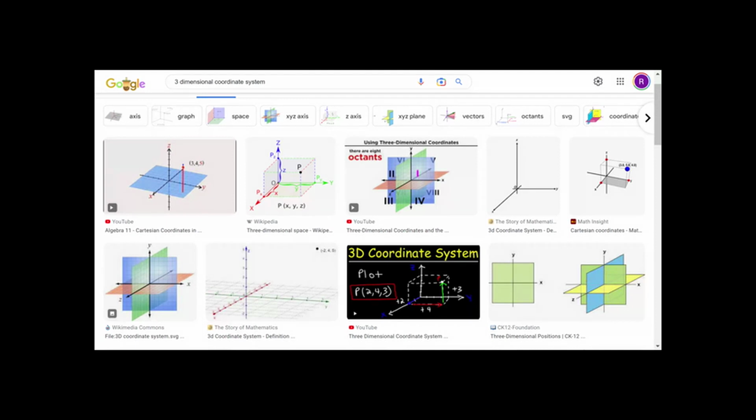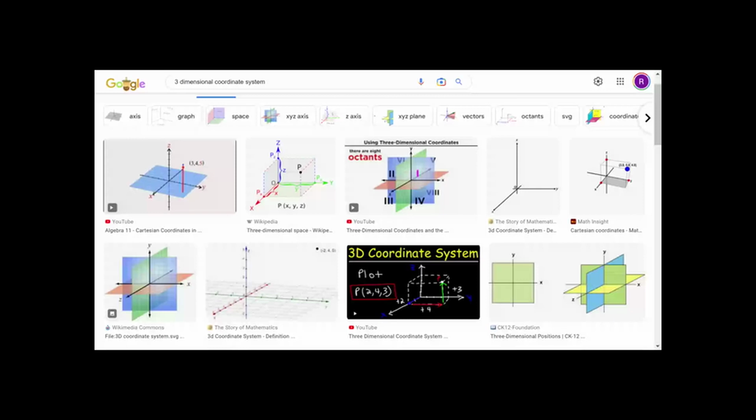So instead of two coordinates for every point, I start getting three coordinates for every point. Every point can be determined by three numbers: the first is the X coordinate, the second the Y coordinate, and the third the Z coordinate.